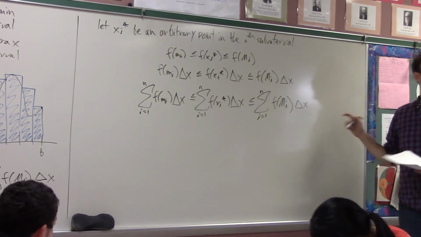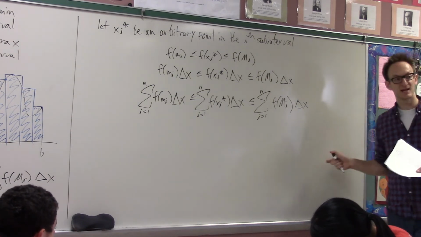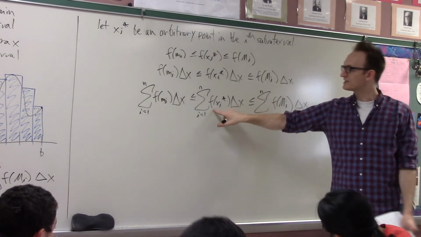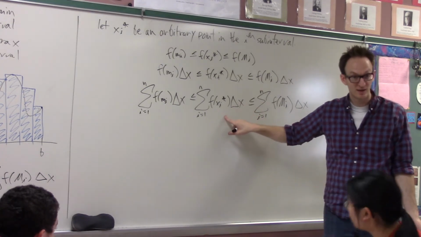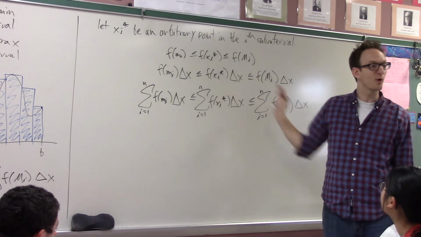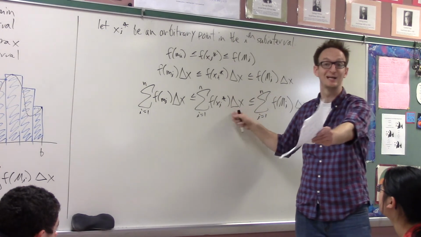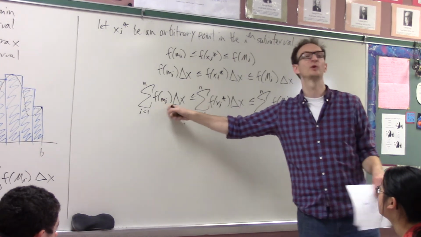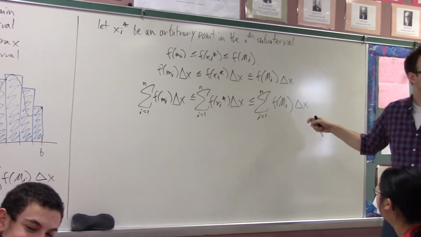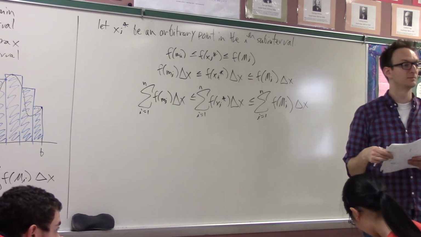So now what is this line saying in words? It basically says, if you follow this process of picking whatever point you want, plugging that into the function and taking that rectangle, and you do that over and over again, what you're going to get is certainly going to be in between following the minimum rule and following the maximum rule.